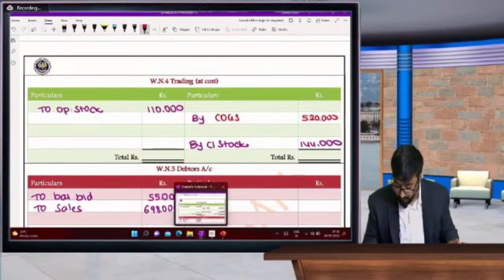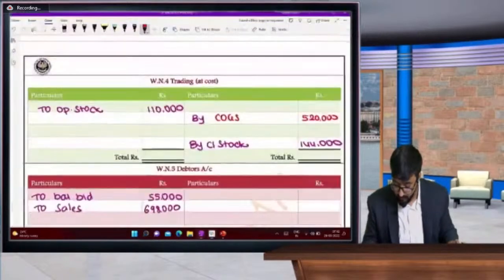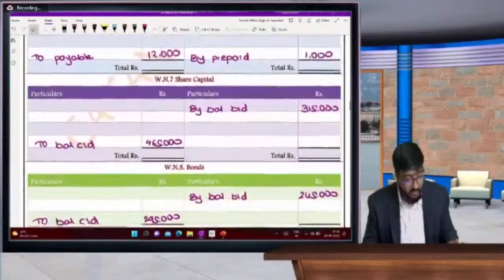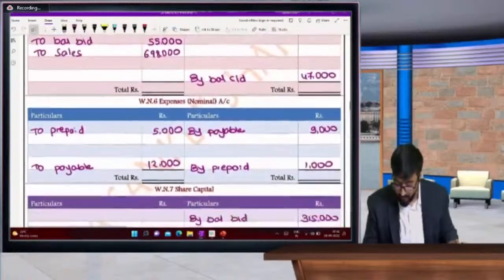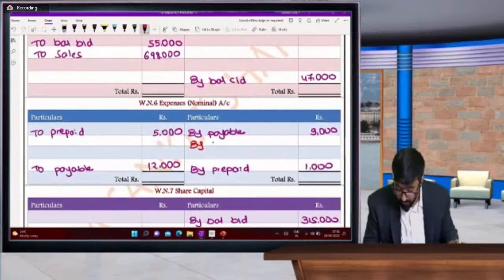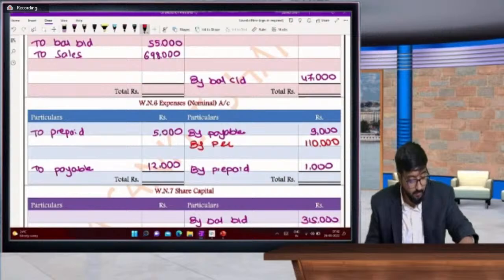Then operating expenses 110 and 37. So operating expenses in expense account, red pen only, by P&L 1,10,000.